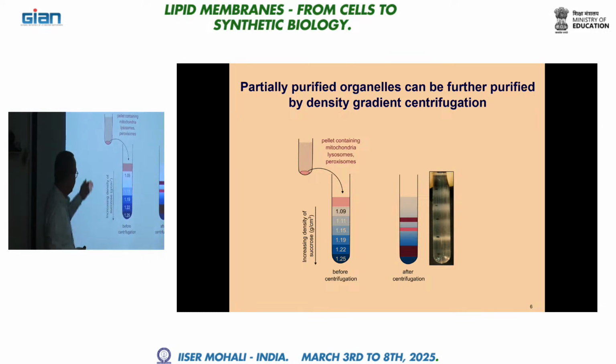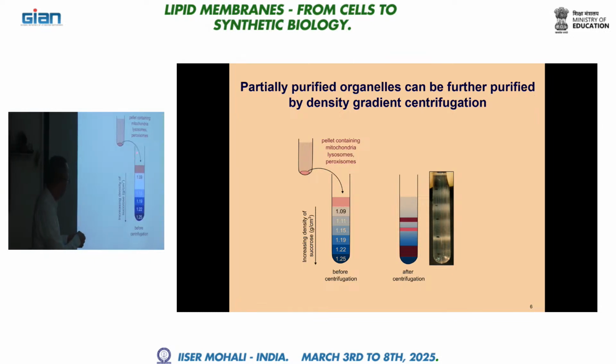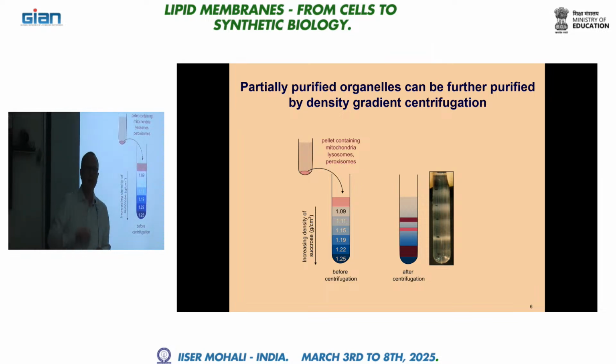You can do the same here with a type of sugar gradient, and you put your organelles on top and then start to centrifuge. Now the organelles will move to the area where they have the same density. So that's density centrifugation.